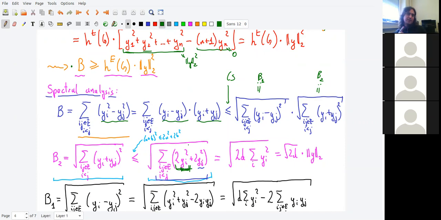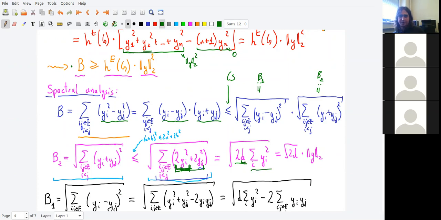Well, as many times as the number of edges incident to i, because every edge corresponds to one term of one endpoint and one term of the other endpoint. So how many terms are there for one particular vertex? As many as the number of edges that contribute to it. So all of this can be rewritten as simply 2 times d, where d comes from the regularity, times the sum of squares.